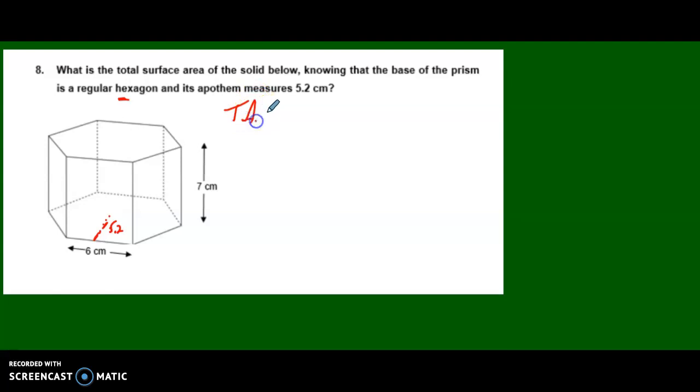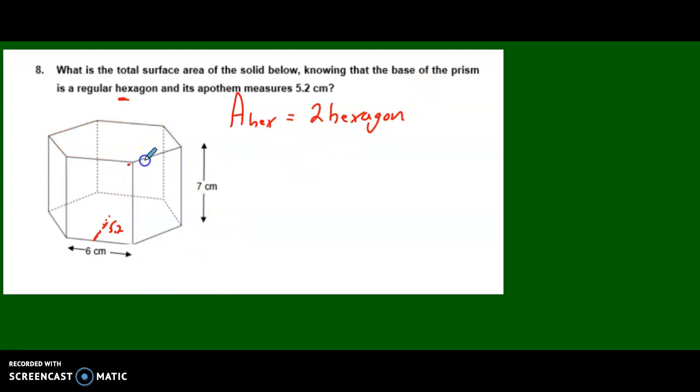Total area of the hexagonal prism. Well, it's made up of 2 hexagons, one on top, one on the bottom. So we have this hexagon here, and the same one at the bottom.